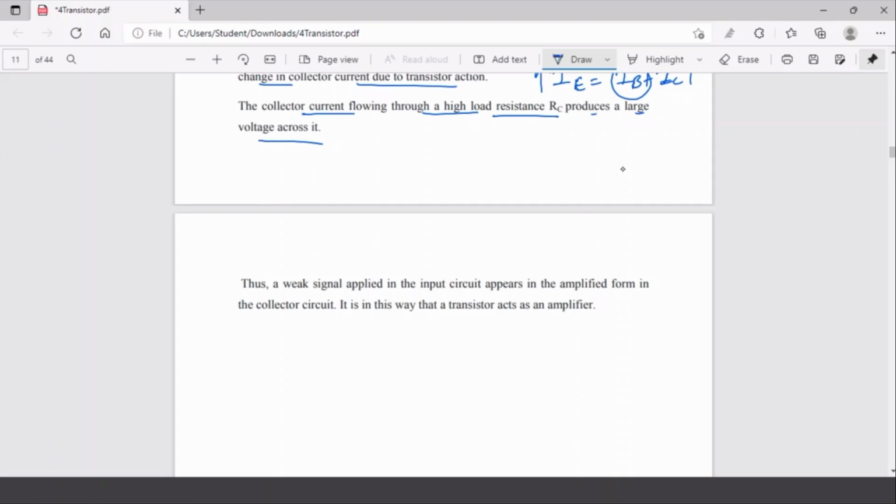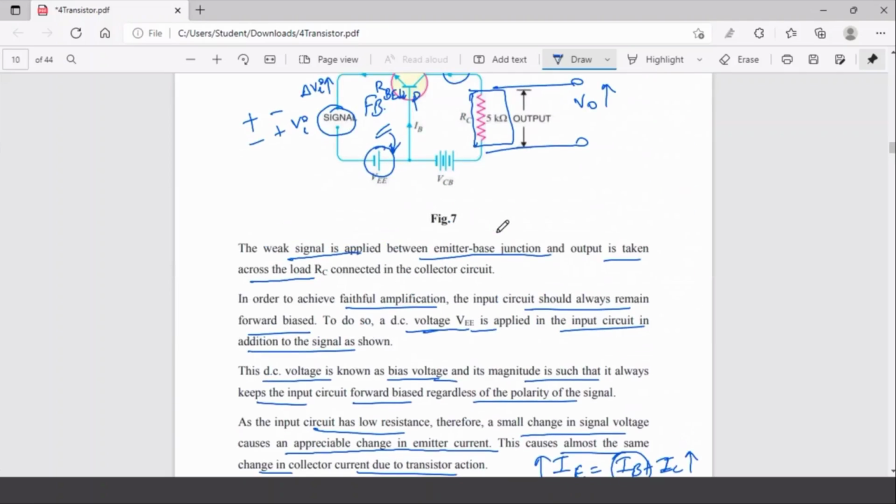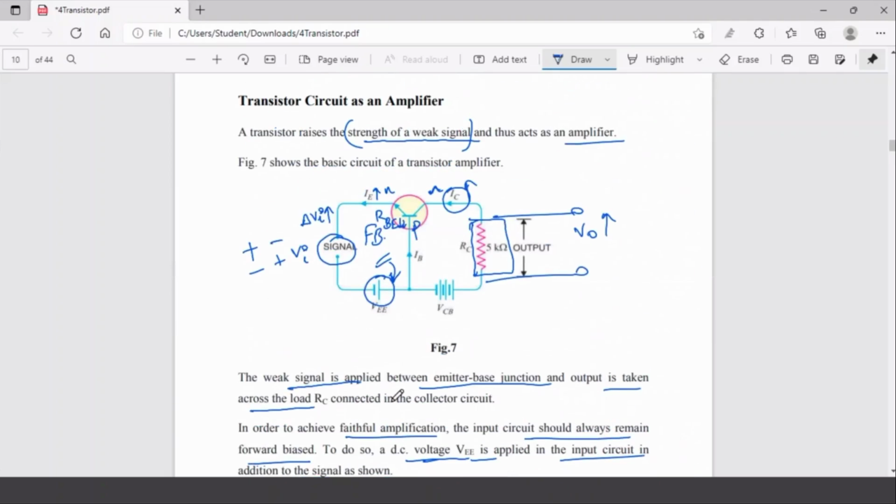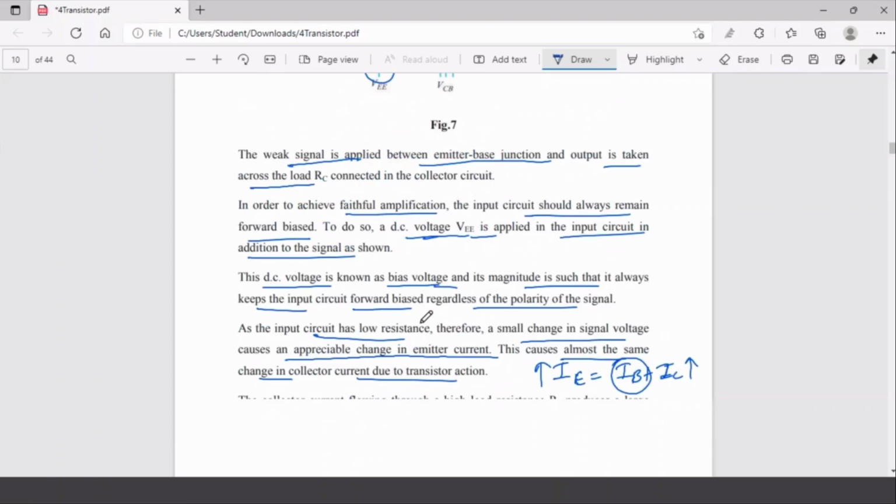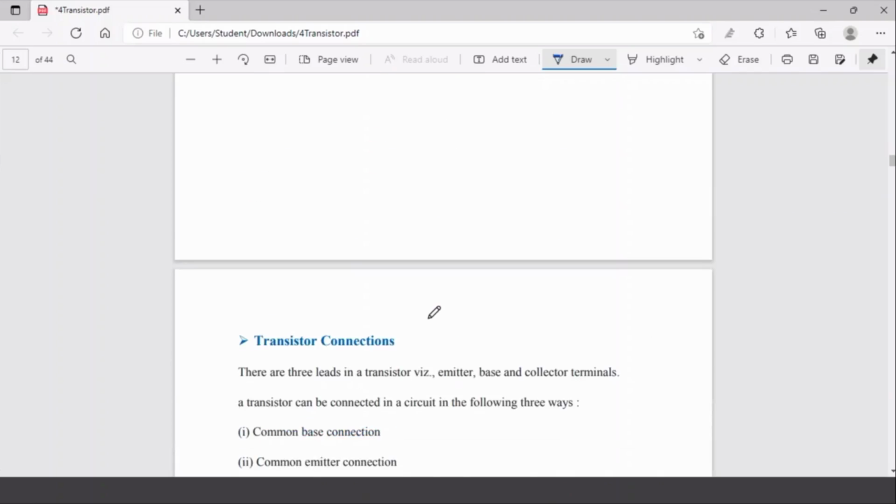Even if the input signal is very weak and is applied across the input, it appears in amplified form in the collector circuit. This is the way in which a transistor works as an amplifier. I hope that is clear to all. This is how we say that it is working as an amplifier. It is amplifying the signal.